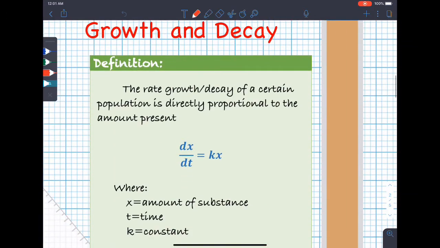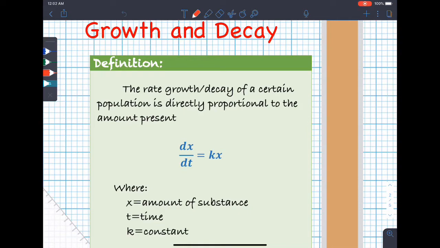Let's try to define a certain growth or decay. Suppose the rate of growth and decay of a certain population is directly proportional to the amount present. If our assumption is that the growth and decay of a certain population is directly proportional to the amount present at any instant of time, then we have this given equation.